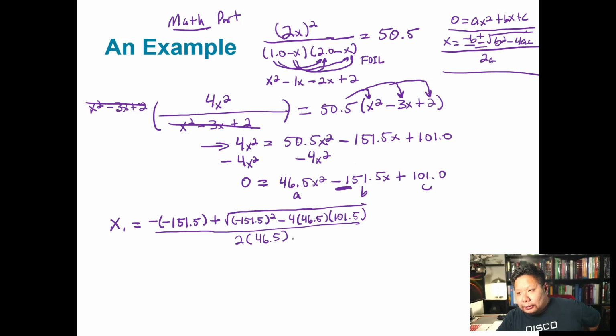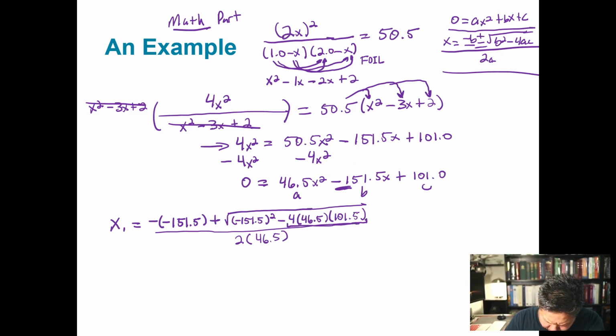So if I were you and I were putting this into my calculator, I would do it one part at a time and write down the numbers as I go, just so I don't make any mistakes. You're bound to make more mistakes if you put the whole thing in the calculator and try to figure it out all at once, right? So the first thing I would try to do is multiply this part out first. The 4 times 46 times 101.5.